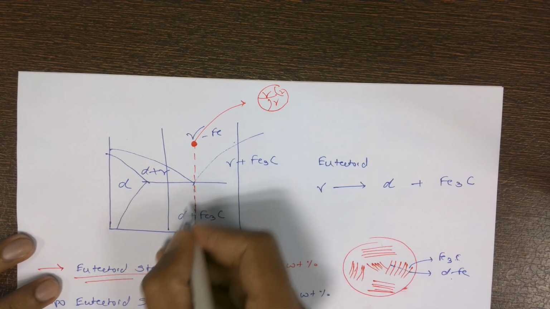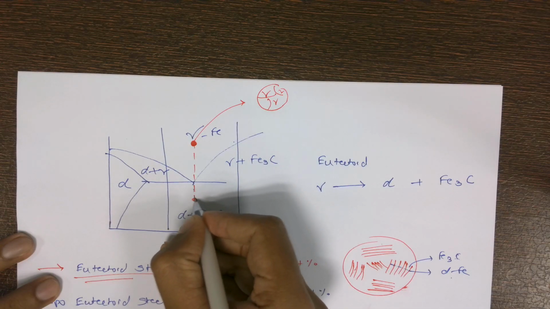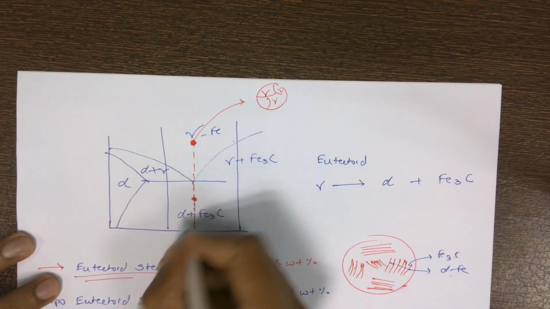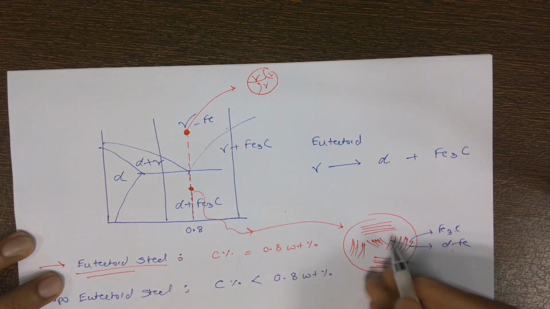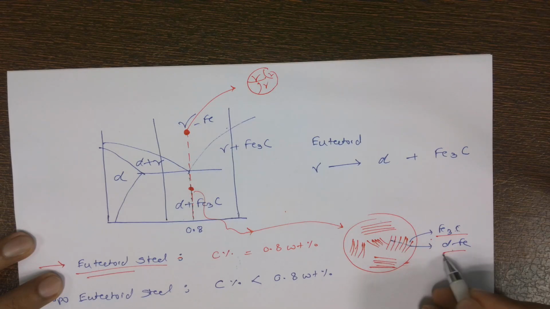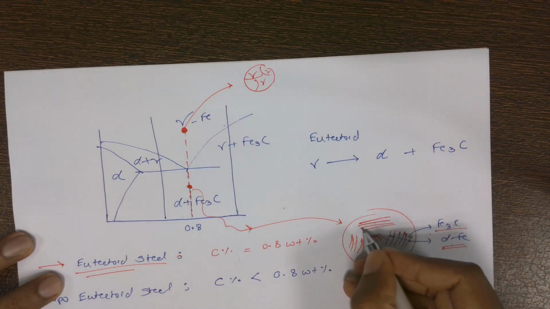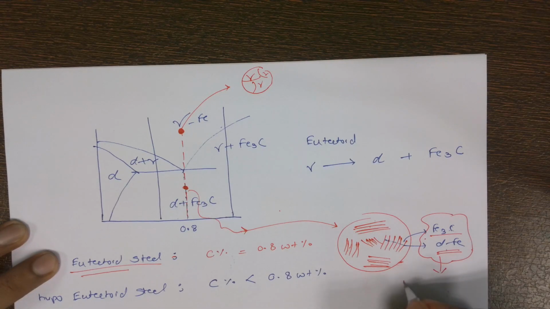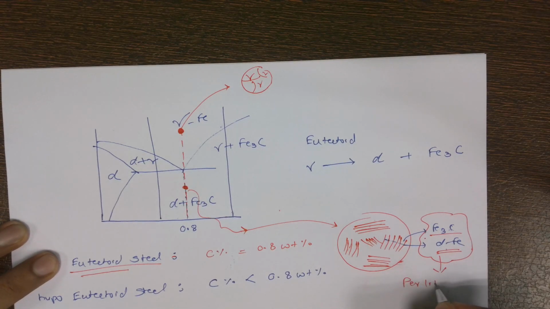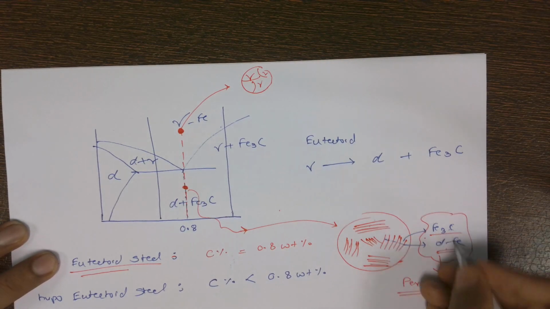Now here, the entire thing is converting to the microstructure which looks like this, a mixture of ferrite and cementite. It is a microconstituent, which we call pearlite, made up of ferrite and cementite.